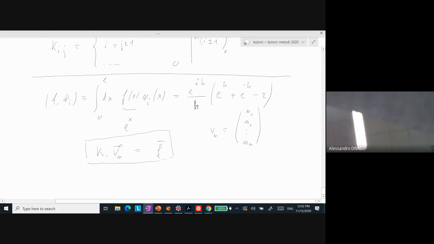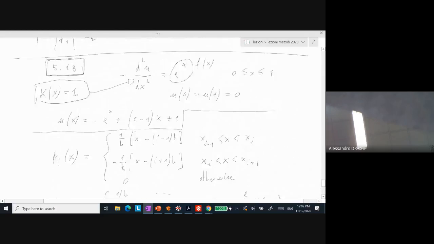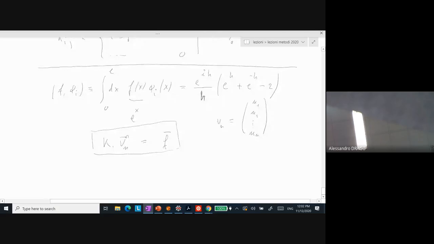So at the very end, the solution U of x will be written as a sum over I running from 1 to, to be precise, n minus 1, because you recall that we don't need the un, of ui phi I of x.